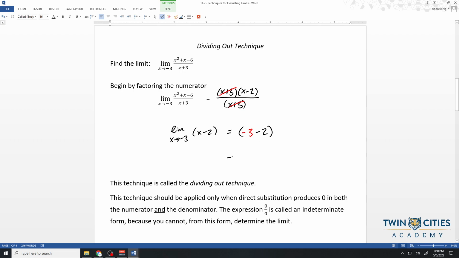This is going to be equal to -5. So the limit as x approaches -3 of (x squared plus x minus 6) all over (x plus 3) is -5.